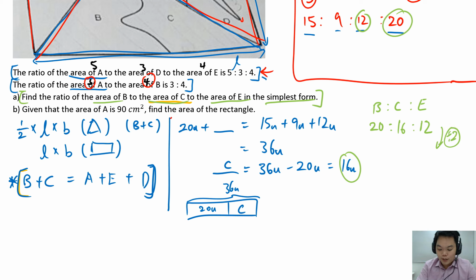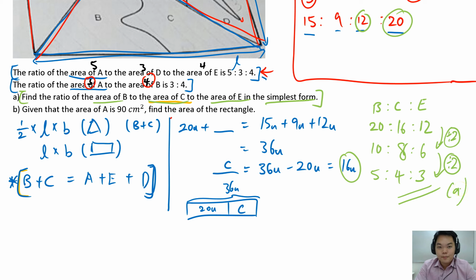Let's divide it by 2 first. So B becomes 10, C becomes 8, and E becomes 6. Then we see that all numbers are still even, so we can divide them by 2 again. So this becomes 5, this becomes 4, and this becomes 3. And we realize that there are no more common factors between 5, 4, and 3. Therefore this has to be the simplest form. So this answers part A.